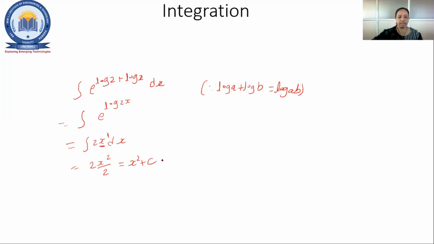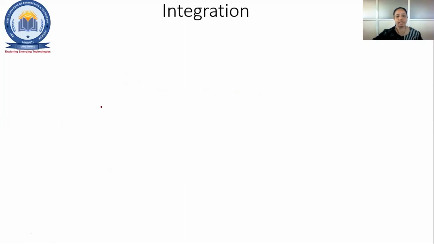Okay. Now write down one more question. If we are not able to solve it now, you have to solve it by tomorrow. The integration of under root x raised to 4 plus x raised to minus 4 plus 2, upon x cube dx.